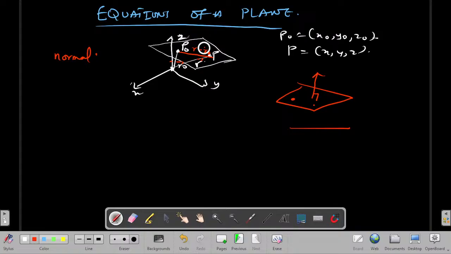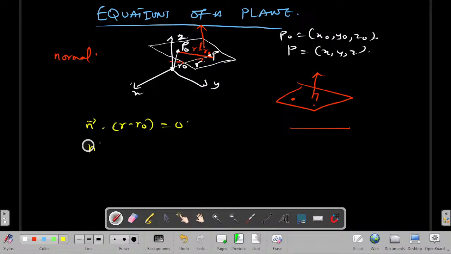So therefore, I'll make my normal emerge from this plane like this, and that's going to be 90 degrees. Then remember from your dot product that any two vectors which are orthogonal, their dot product is 0. So my normal n dot my vector, which is r minus r naught, should be equal to 0 using the scalar dot product.